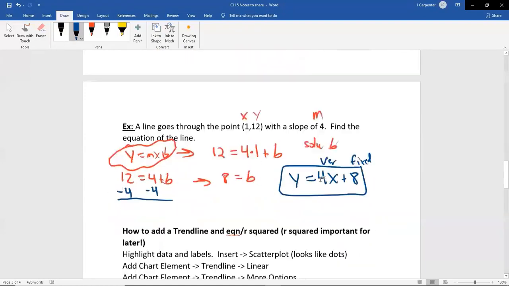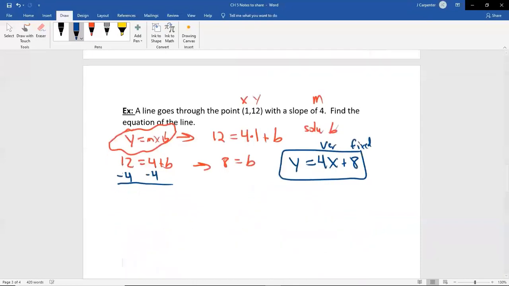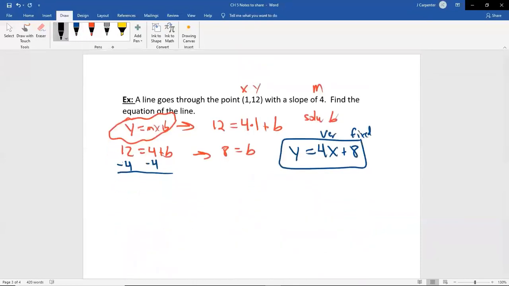Because now we can graph this quite simply. All I'm going to do is use the information in the blue here. I'm going to ignore the point 1, 12. In fact, if I do things right, I'll end up picking it up coincidentally. All right.